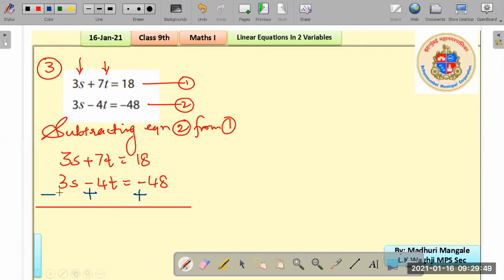Combine the like terms. So 3s minus 3s will get crossed out. 7t plus 4t, here we have to consider the new sign. So that will give us 11t, equals to, add these two numbers, because it's 18 plus 48. What do we get? It will be 66, isn't it?